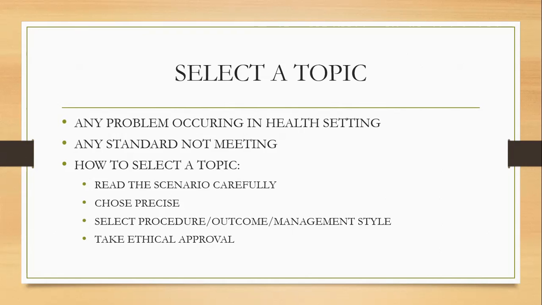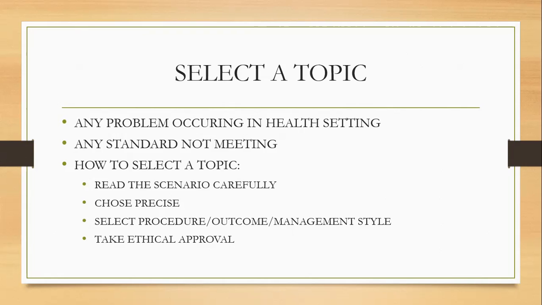It should be precise. Select the topic on a particular procedure or outcome. For instance, in gynecology, the outcome, fetal-maternal outcome, or any management style, for example, different types of hysterectomies, elective versus emergency. And after that, take ethical approval by making a synopsis of that particular topic.